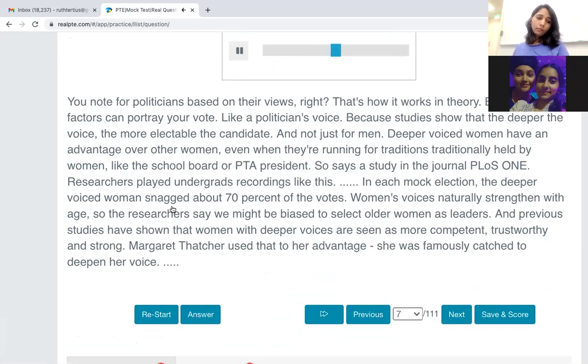Then they asked the students to vote for one of them for the school board or the PTA. In each mock election, the deeper voice woman snagged about 70% of the votes. Women's voices naturally deepen with age, so the researchers say we might be biased to select older women as leaders. And previous studies have shown that women with deeper voices are seen as more competent, trustworthy, and strong. Margaret Thatcher used that to her advantage. She was famously coached to deepen her voice. There's that woman ahead of him again. Other politicians might do well to follow.